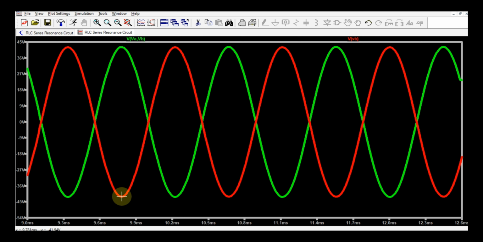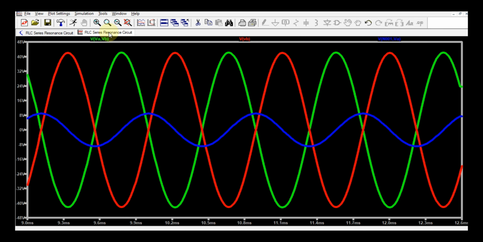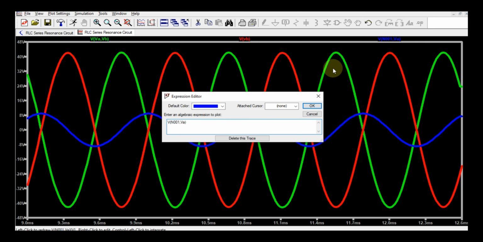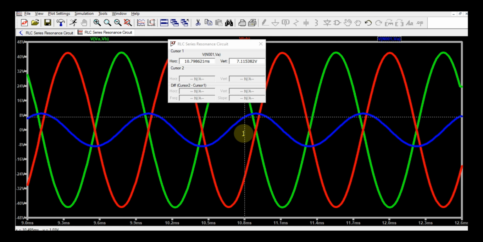So what happens is your maximum input supply voltage drops across your series resistance. So let me show you, this time, the voltage across your series resistance. So this is the voltage across the series resistance, right? So here you can see how much your voltage across the series resistance is.